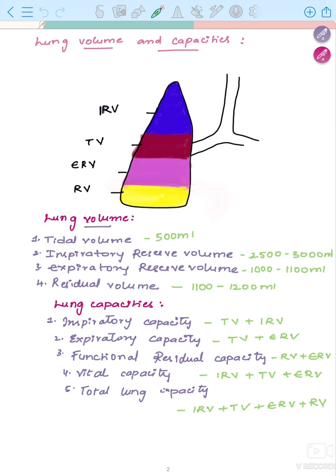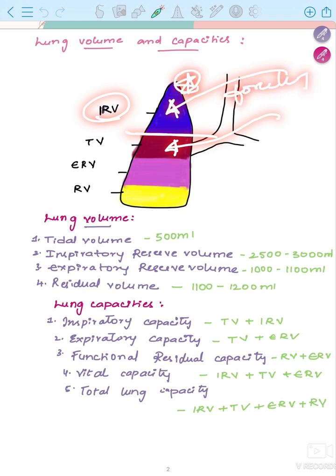So once again, let us recall it. What is tidal volume? During normal breathing, inspiring 500 ml and expiring 500 ml is known as tidal volume. Inspiratory reserve volume: after normal inspiration, the volume of air inspired forcefully.